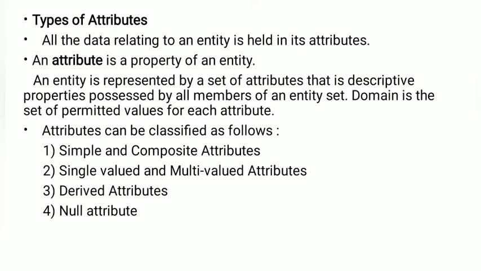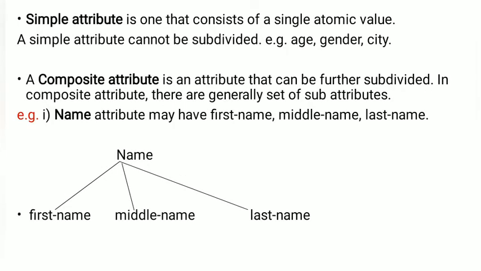Simple attribute. A simple attribute is one that consists of a single atomic value. A simple attribute cannot be subdivided. For example, age, gender, city are the best examples of simple attributes. It is a single atomic value and cannot be decomposed further.